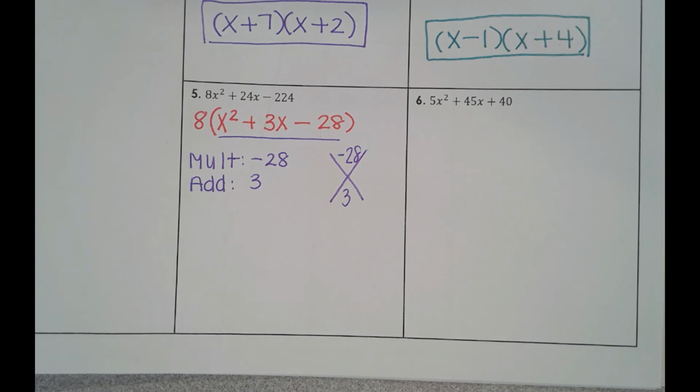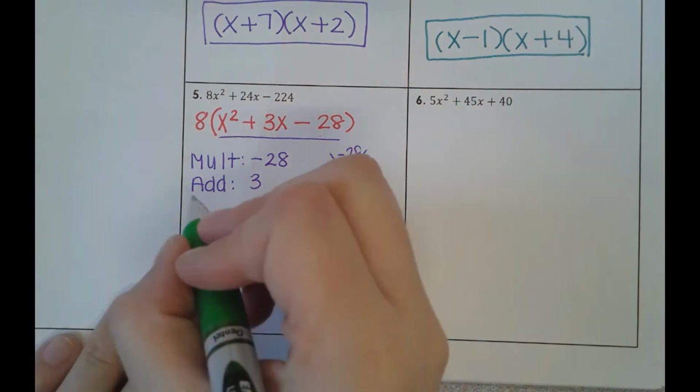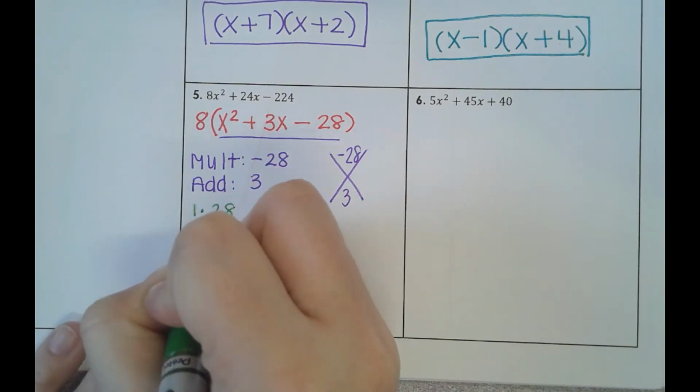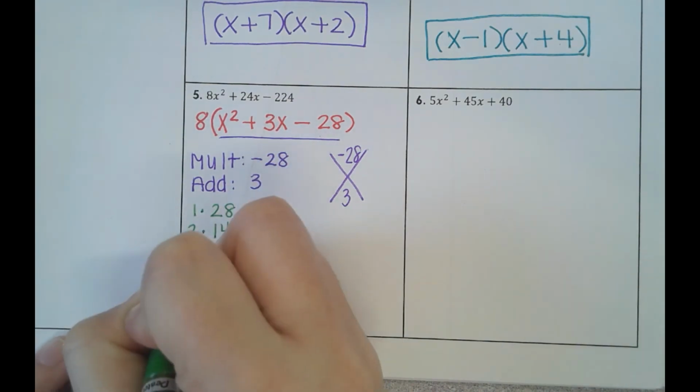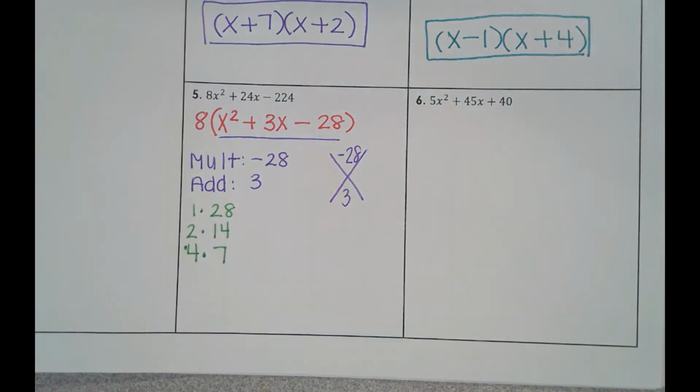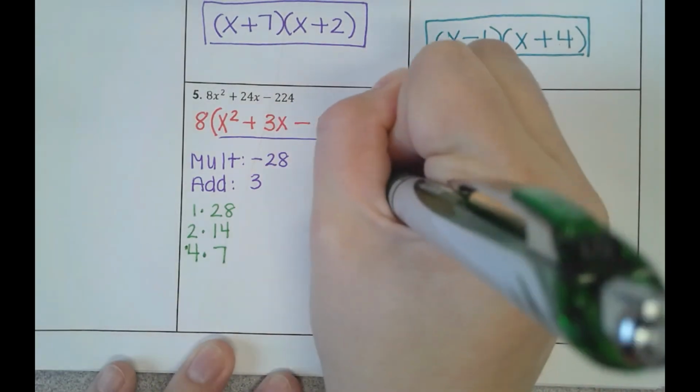Now, it's a negative 28, so we have one positive, one negative. What'd you say? Positive 7 and negative 4.